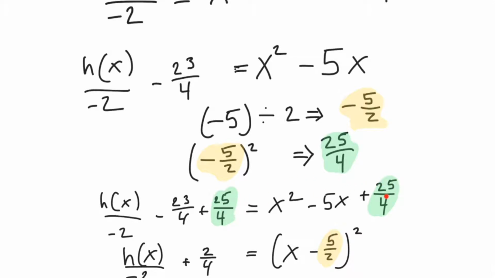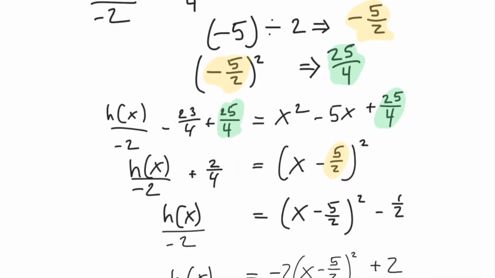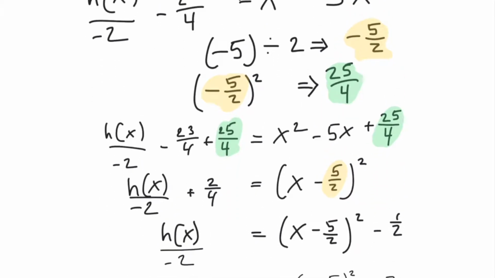The motivation for doing that is that we put this 25 over 4 on here to create a perfect square trinomial. But we can't just do it to one side, we have to do it to both sides. What we do to one side, you do to both sides of the equation. And we see, if you're looking to try and factor this perfect square trinomial, it's really just going to be x minus this yellow number here squared.